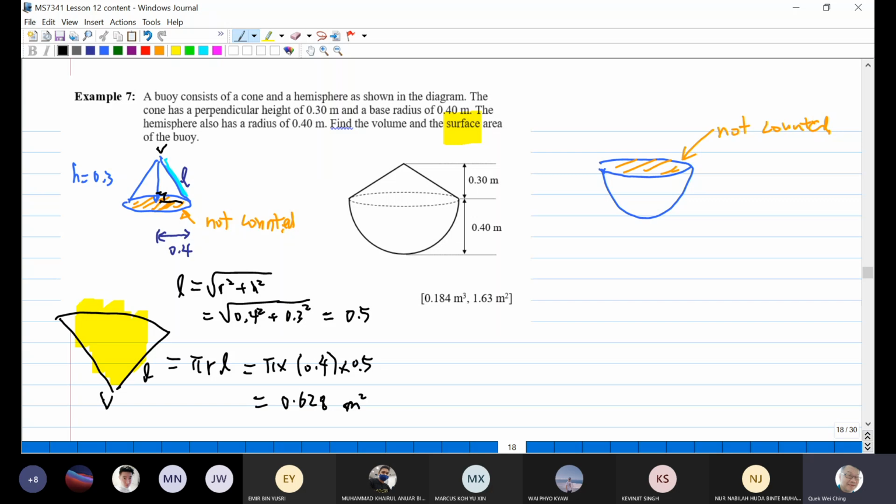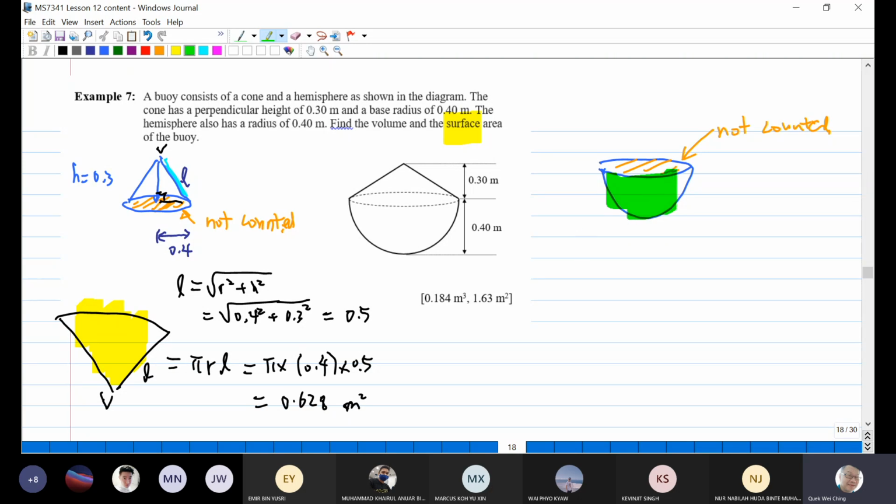Now how about the sphere? The surface area of the sphere, in this case, I want to count only this portion, so I don't need to count the circle one. So only this hemisphere, right?